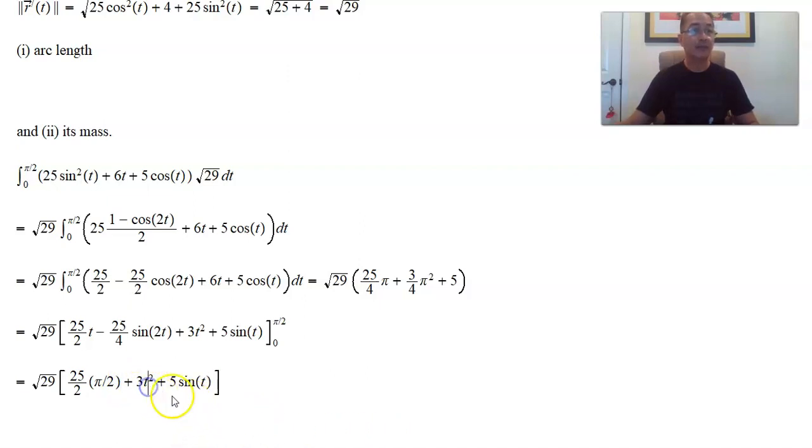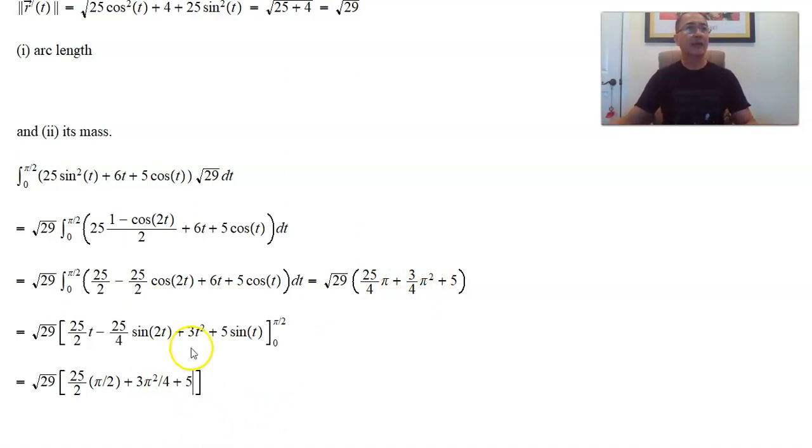T squared, so we got pi squared over 4, 3 pi squared over 4. Are we on the right track? It looks like we are. And lastly, sine of pi over 2 is 1, sine of 0 is 0, so that is simply going to be 5. Yay! Yes, that looks like we have the right answer.